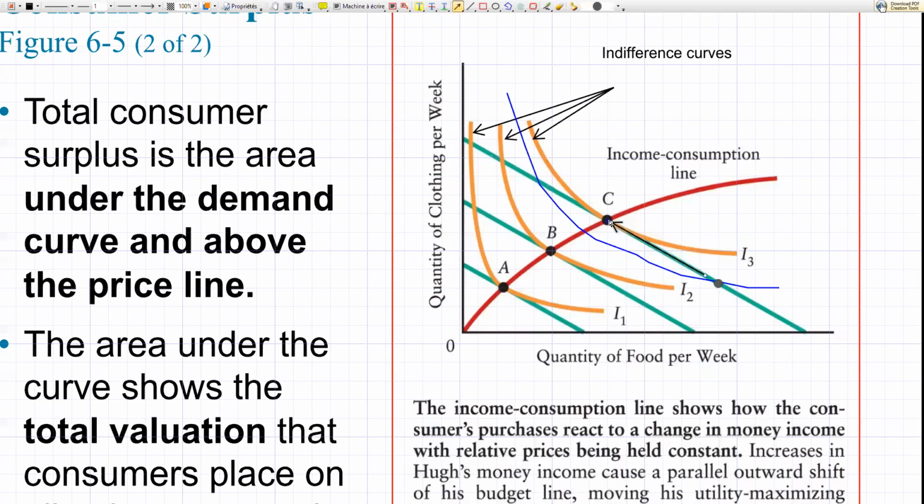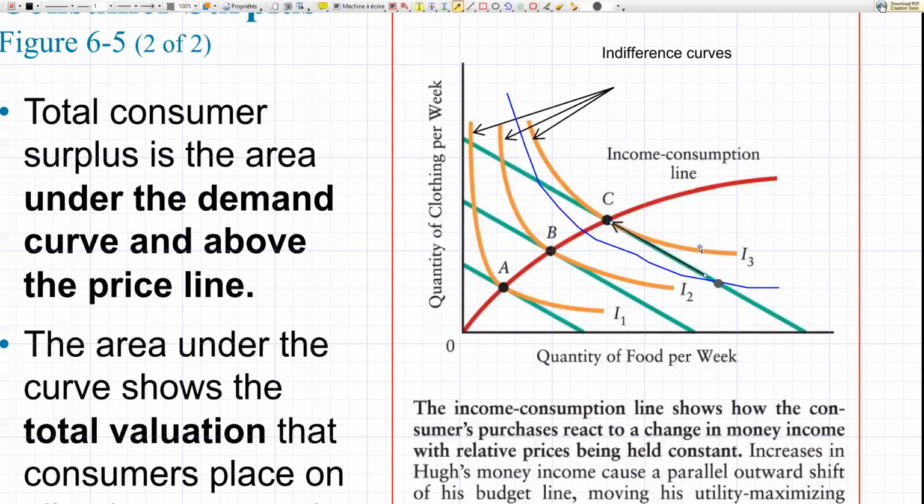So my optimal choice is C, and I see that if I go past C through this point there, then I'm back on my original indifference curve. Here I'm spending too much on clothing and too little on food. So this is why the optimal choice would be a tangent point between my indifference curve and my budget line. All right.